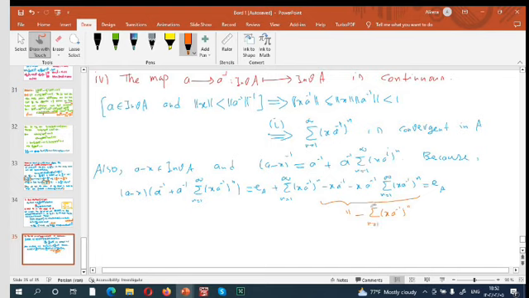It is trivial, because this equals this summation from 2 up to infinity.